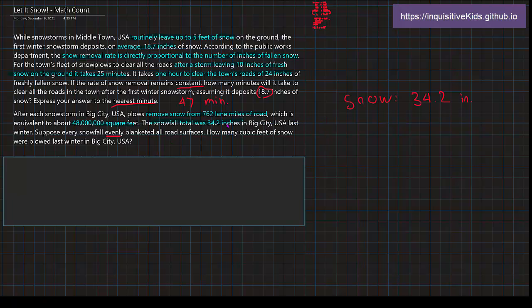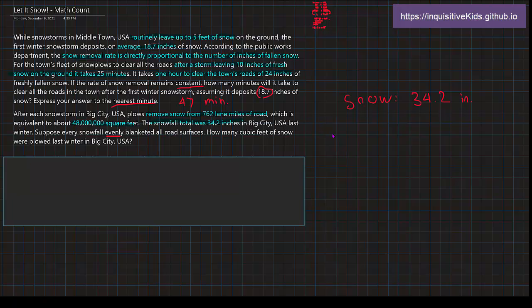So over here, it said that it was evenly blanketing all road surfaces. So basically, if this was a road and this was a snow surface, over here it was 34.2 inches, and it's everywhere, 34.2 inches.